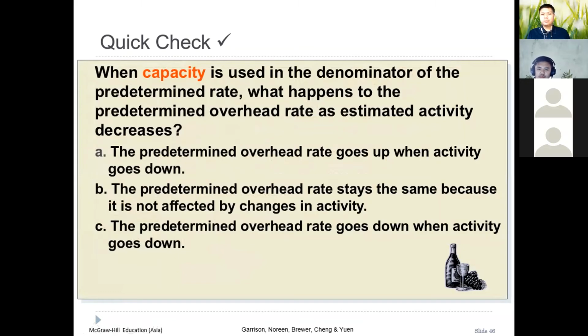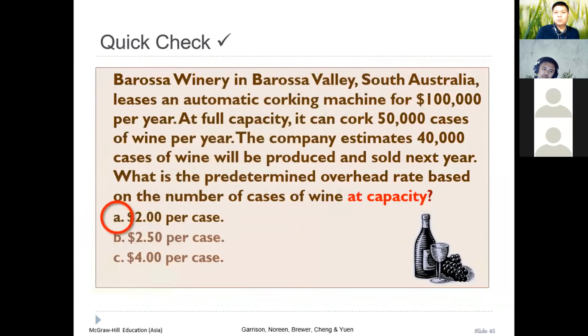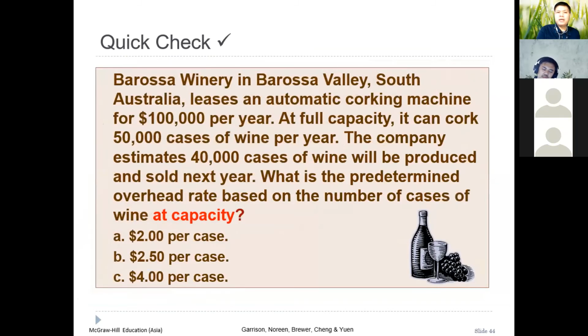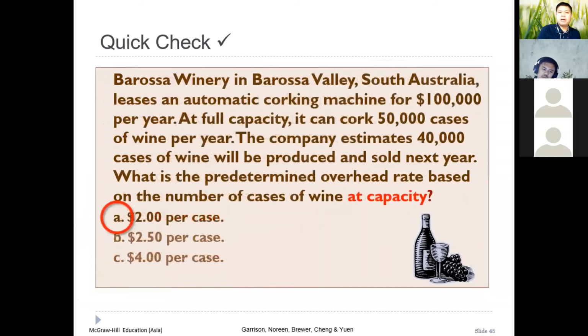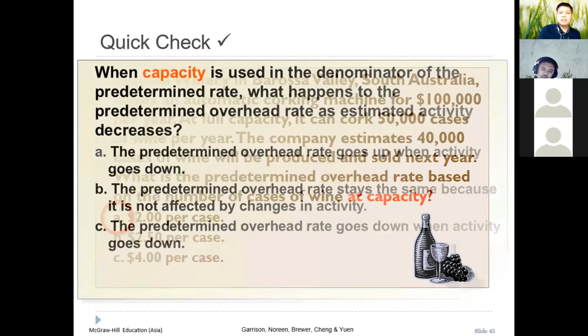Another quick check. When capacity is used in the denominator of the predetermined rate, what happens to the predetermined overhead rate as estimated activity decreases? Kanina ano siya? 2 under capacity. Underestimated, ano siya? 2.50. Ano raw mangyayari kapag bumaba yung estimated?